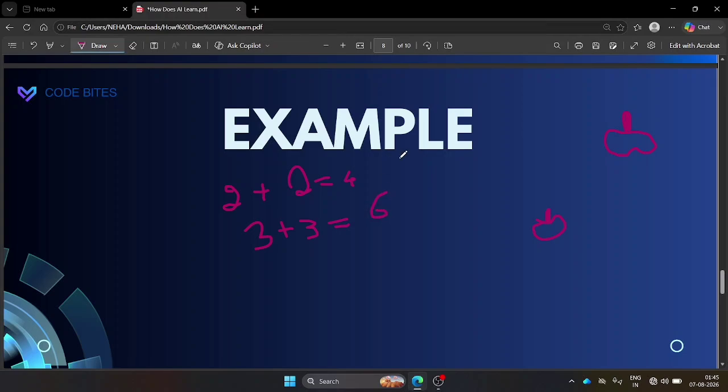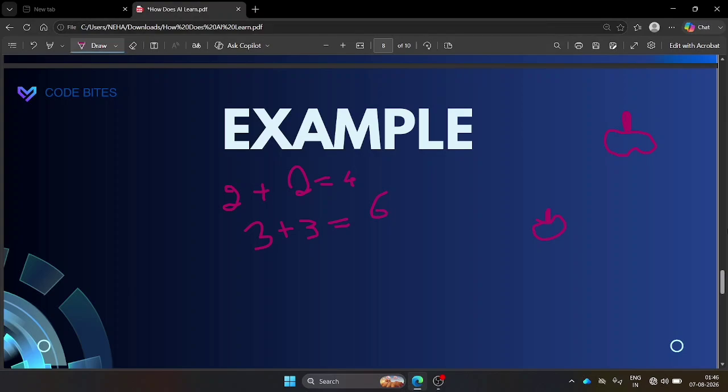Like that she teaches you so many patterns. After solving many questions, if your teacher asks 15 plus 15, you will easily tell the answer, right? You have never solved that question, yet you are able to calculate it and provide a proper answer, right? Because you learned the pattern, you learned the concept. AI also learns in a similar way.